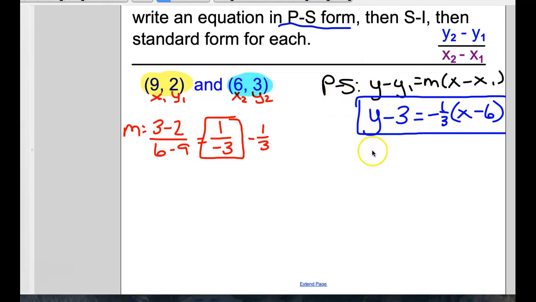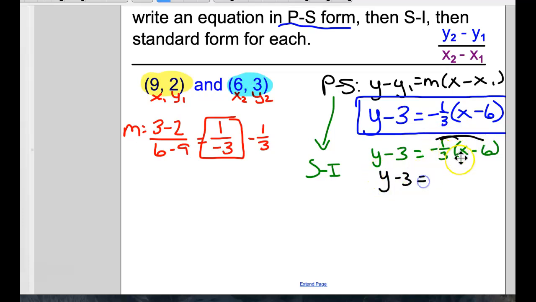Now I'm going to turn my point-slope into slope-intercept. Sometimes it's helpful to have these arrows. I'm going to rewrite my equation just so I can show the distributing part. We always distribute first. Negative 1/3 times x is negative 1/3 x.